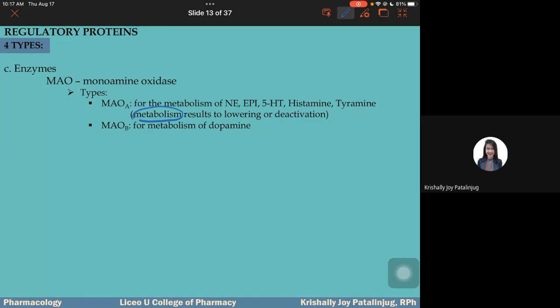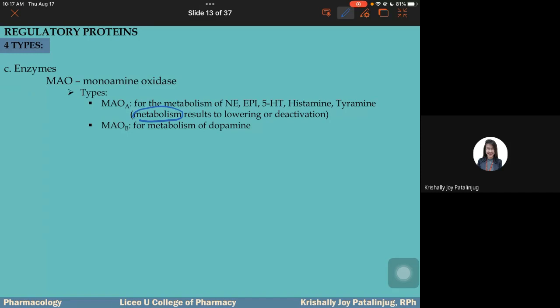Although there are some drugs wherein, particularly the prodrugs, it does not apply here, no, nga kapag prodrugs ni undergo metabolism, ma-deactivate yung drug. Okay, so that's an exception.